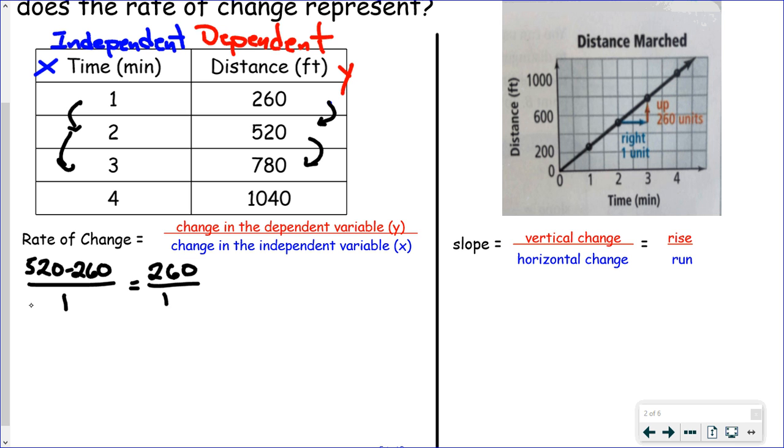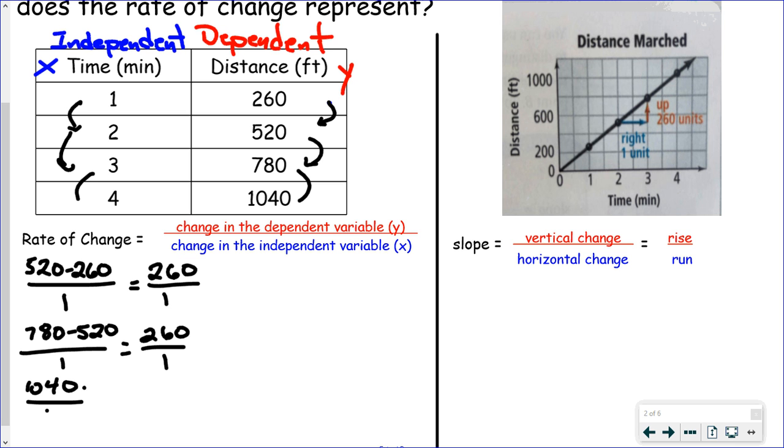This one, the change is 780 minus 520, again over 1, and that's 260 over 1. So far it's constant. And then the last step here, I've got 1040 minus 780, over 1. And that also comes out to 260 over 1. So it is a constant rate of change.